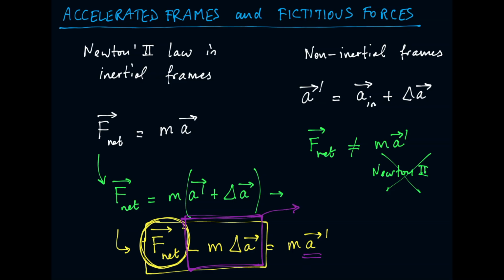This is not an actual force because it's not there as a result of forces acting on the object, but it's there as a result of the frame that I'm observing this phenomenon being non-inertial.